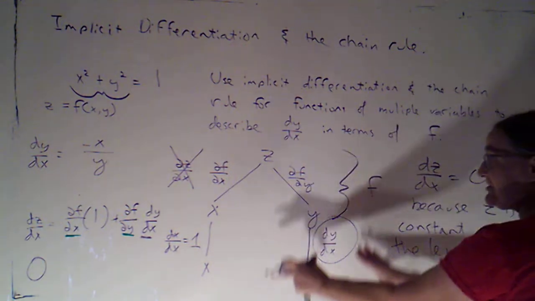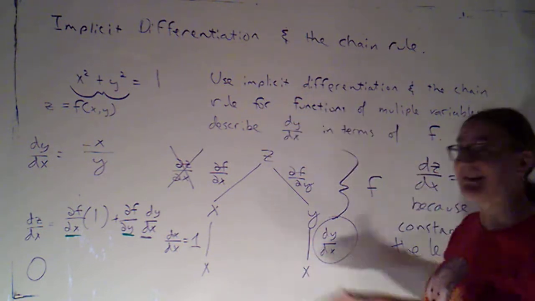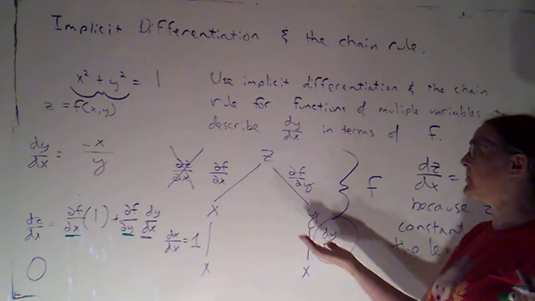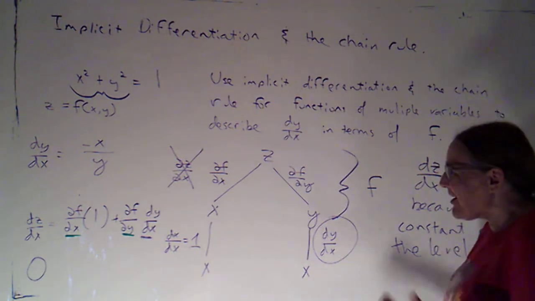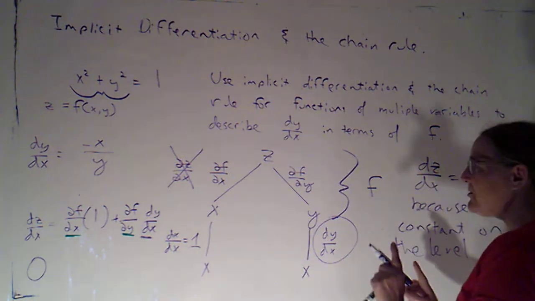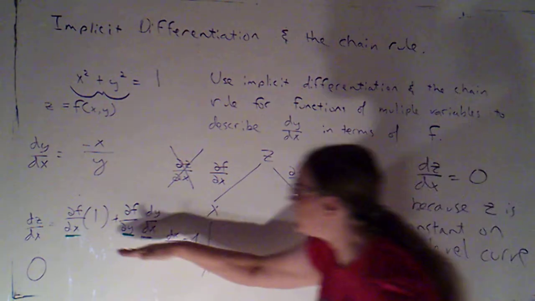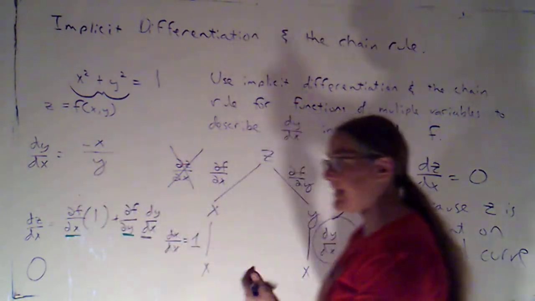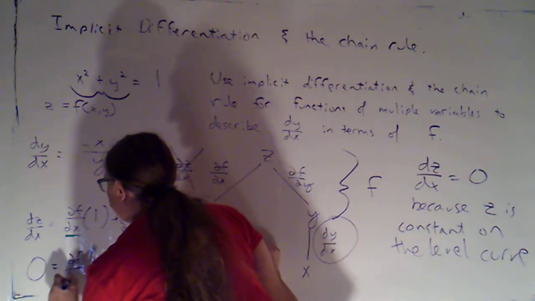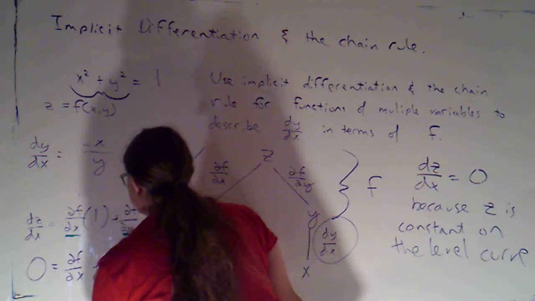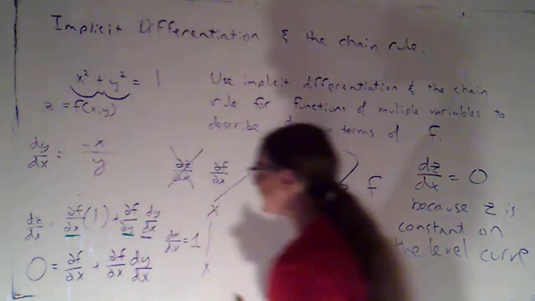So we're not using the chain rule here in order to figure out what dz by dx is, because we know that. The derivative of 1 is 0. Okay? We already knew that. What we're doing is we're using the chain rule to see the relationship between these individual pieces. Because now I have 0 equals the partial of f with respect to x plus the partial of f with respect to y times dy by dx.